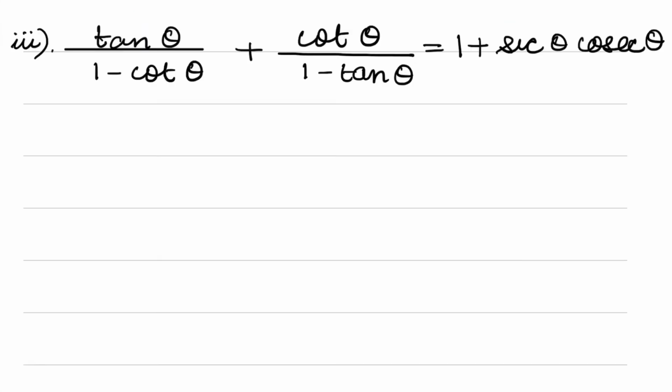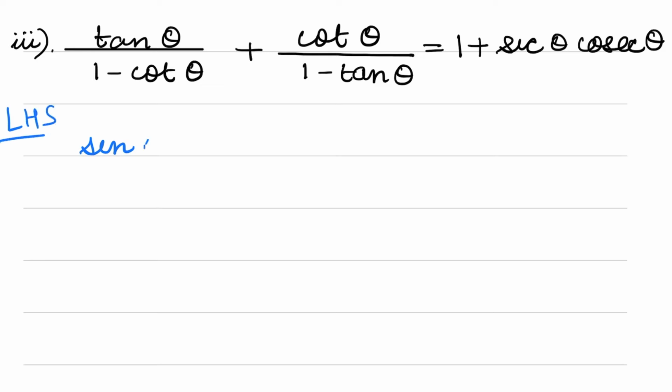Now the third part, it says tan theta divided by (1 minus cot theta) plus cot theta divided by (1 minus tan theta) is equal to 1 plus sec theta into cosec theta. So now let's convert everything into sin theta and cos theta. Again here also we are working on the left hand side.